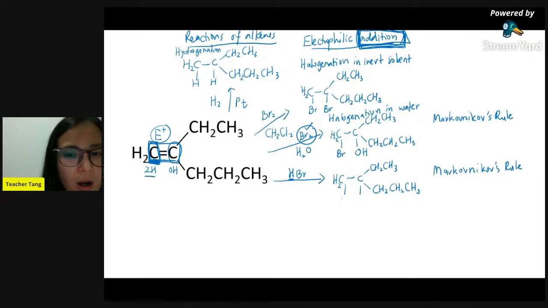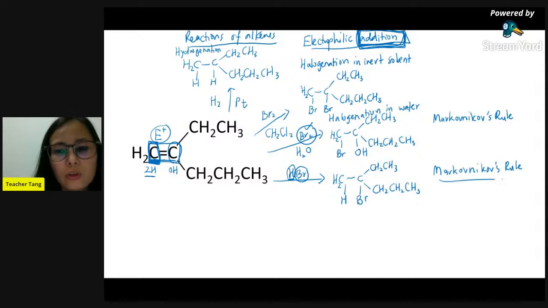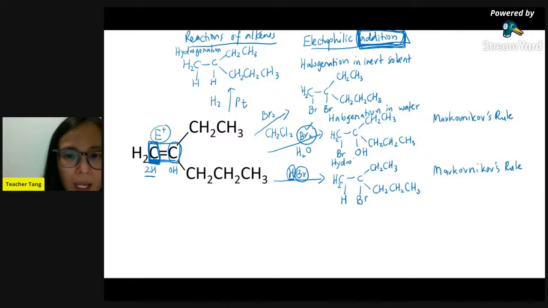Therefore, hydrogen will come here. The hydrogen of the HBr will come to the first carbon, and the Br will go to the second carbon. So this is according to Markovnikov's rule. And the name of this reaction is called hydrohalogenation.